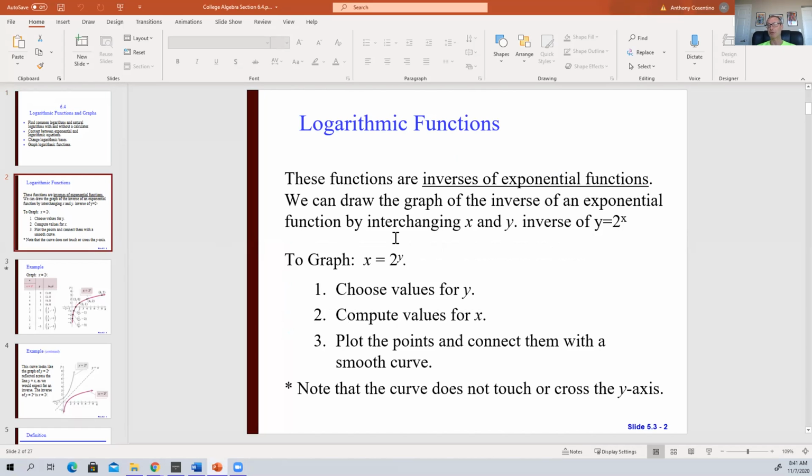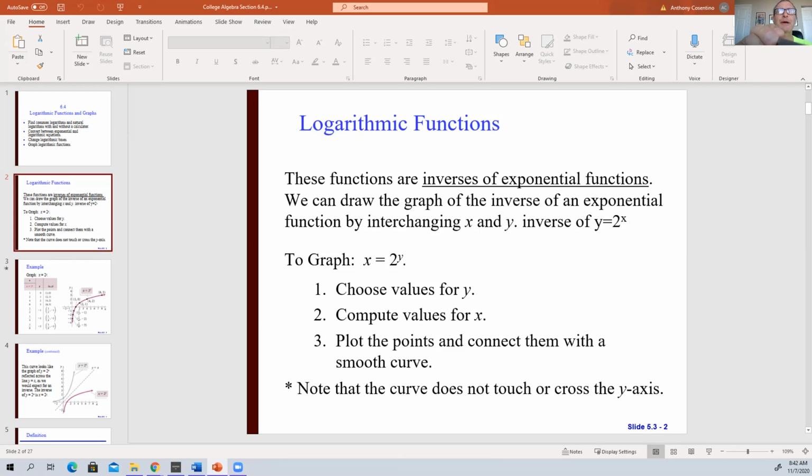Many things in the world are modeled with exponential functions that we'll talk about quite a bit later on in this chapter. But how do we solve those? Well, the main reason why we introduced this idea of inverse of functions is to introduce a log function. And the definition of a log function is it's an inverse of an exponential.